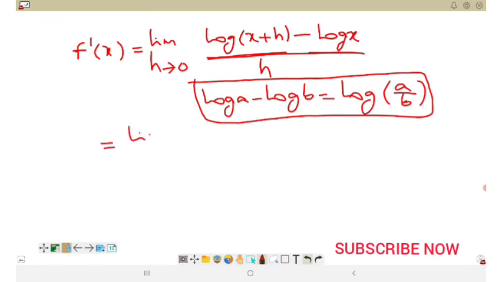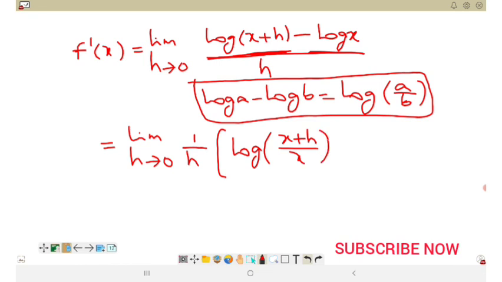So limit h tends to 0, 1 by h, log a minus log b, where a is x plus h and b is x.